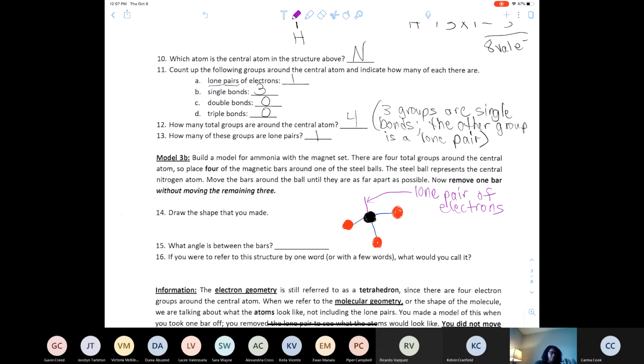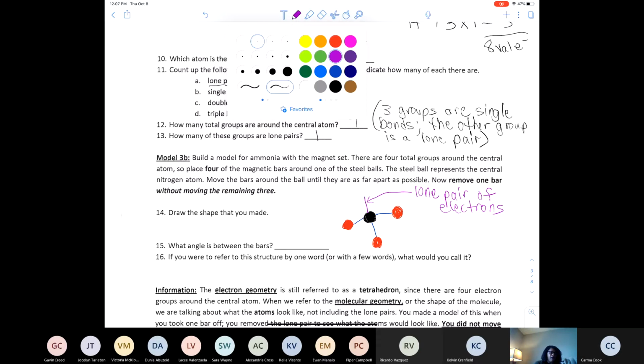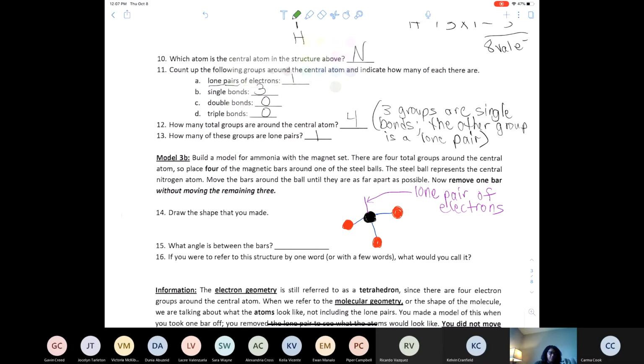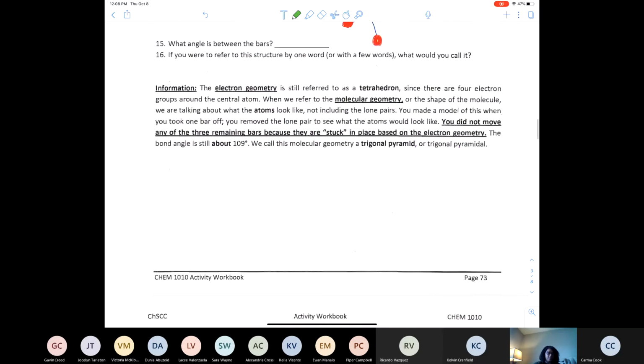And so now that we've redrawn our shape based on the models that we viewed, we again have to answer the question, what's the bond angle? And so again, let's go to the end of this document.